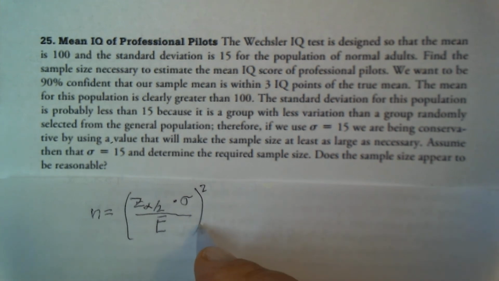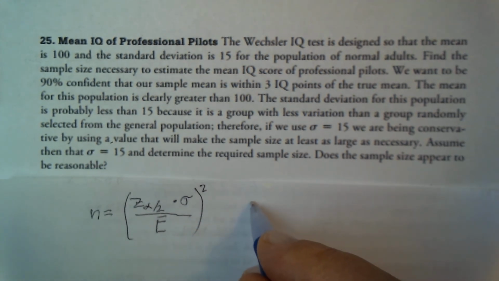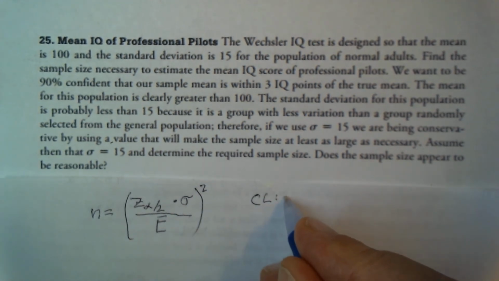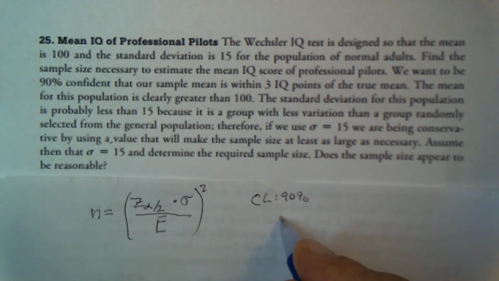So our critical value, z sub alpha divided by 2, since we have a 90% confidence level, so we are looking for z sub 0.05.